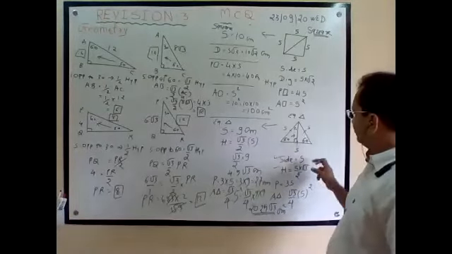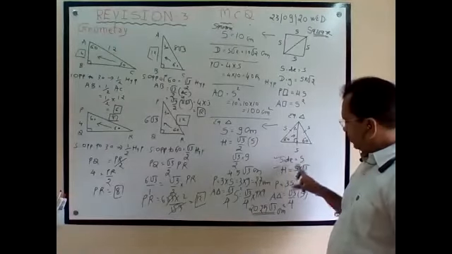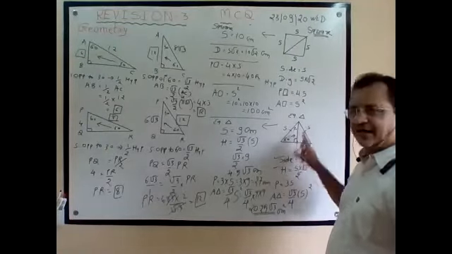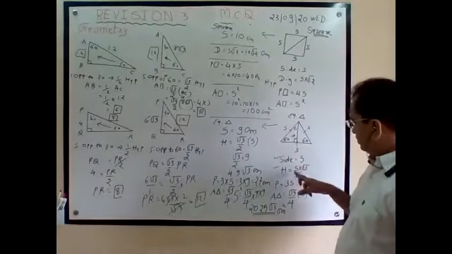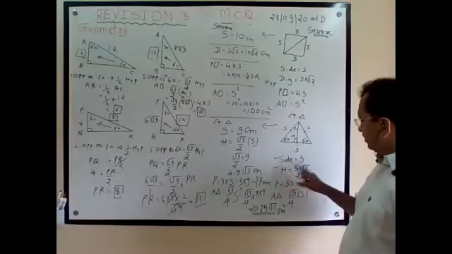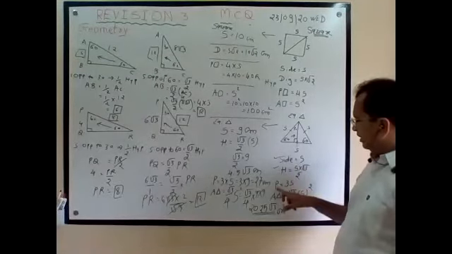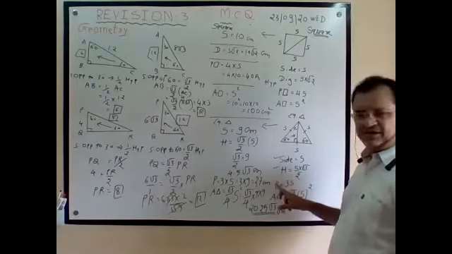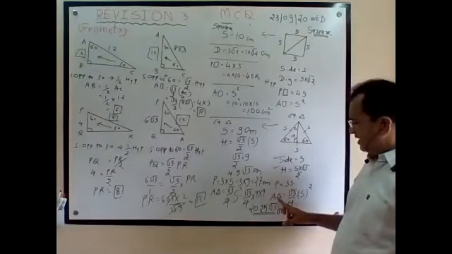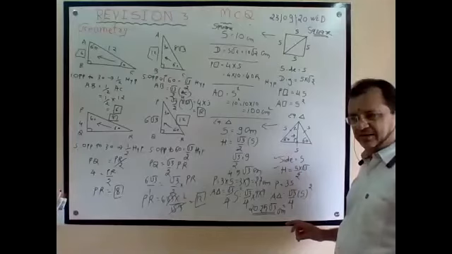Opposite calculation also. In equilateral triangle, when side is given, you can find out height of the equilateral triangle because height is opposite of 60. If height is given, multiply by 2, divide by root 3, that is side. For the perimeter, 3 into side; if perimeter is given, divide by 3. And area of triangle is root 3 by 4 into side square.